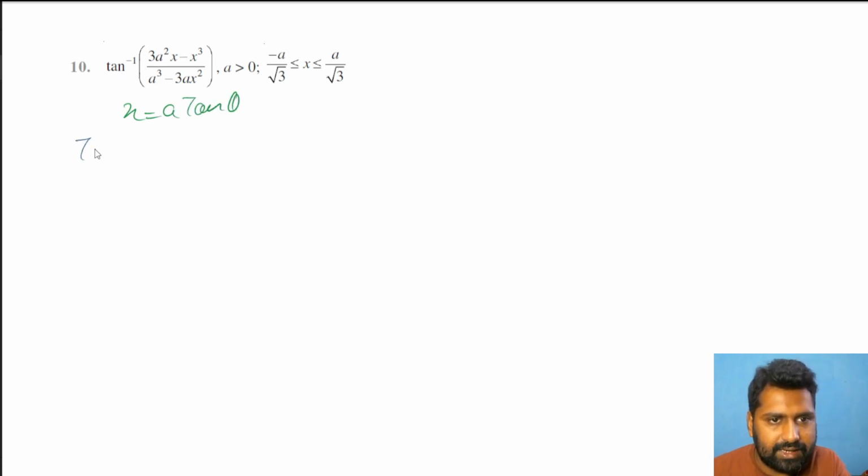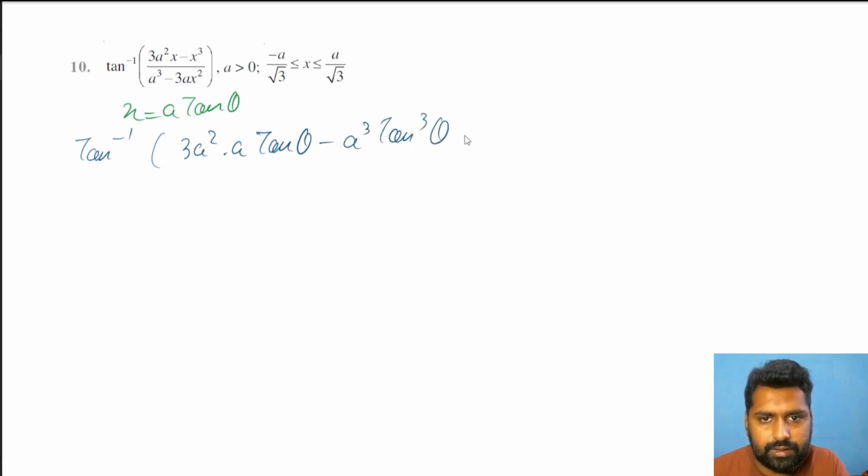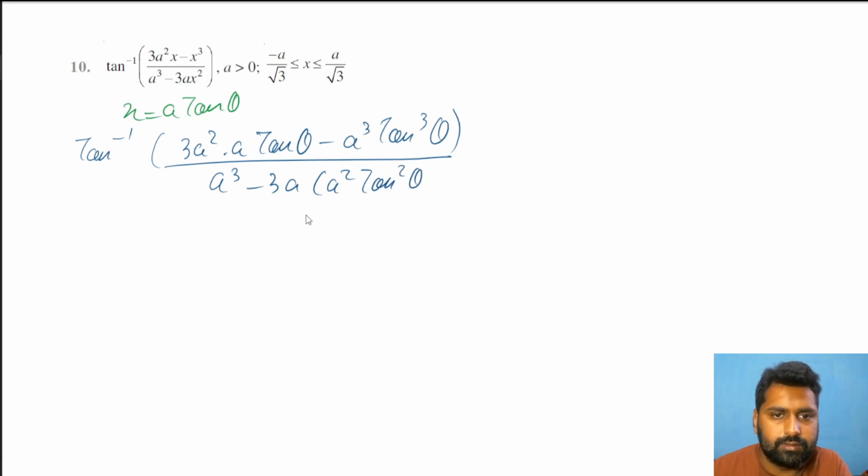Let's see, tan inverse 3a square into a tan theta minus a cube tan cube theta upon a cube minus 3a into a square tan square theta. This complete expression is inside tan inverse.